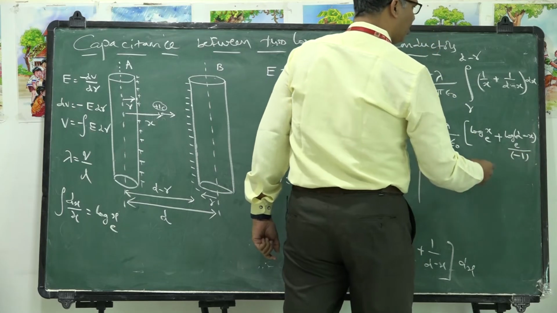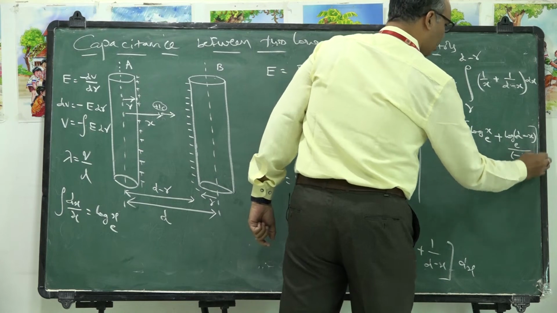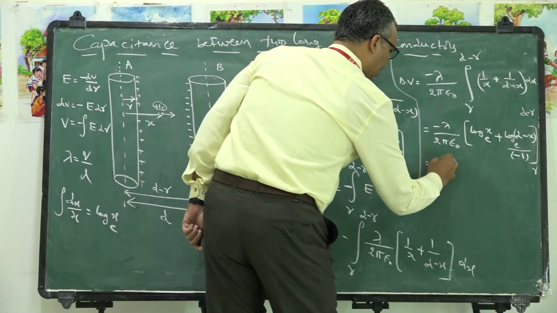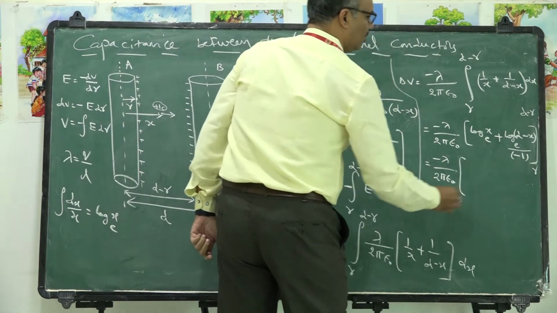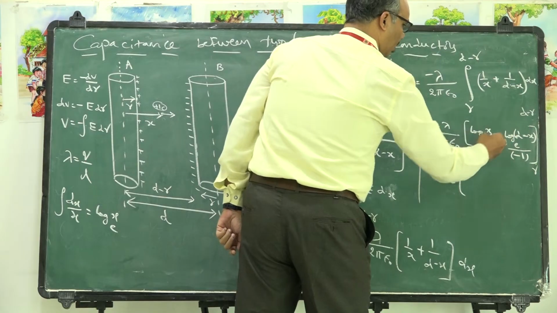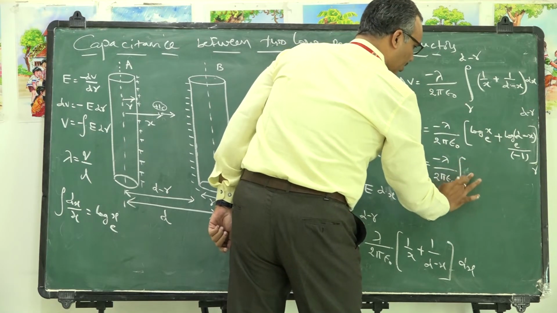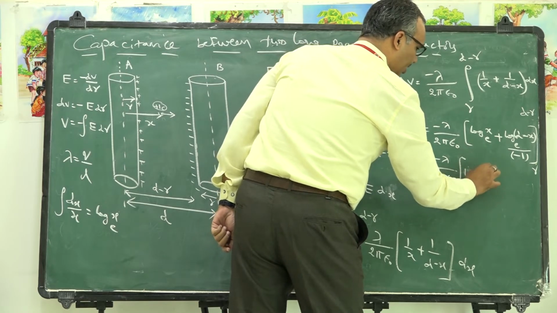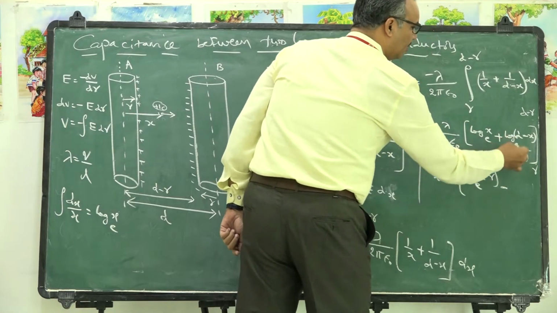It will come in the denominator. And limits are from r to d minus r. So minus lambda by 2 pi epsilon naught. First of all, we should substitute in the place of x d minus r. So log d minus r to the base e. Again this minus will come into the numerator part.